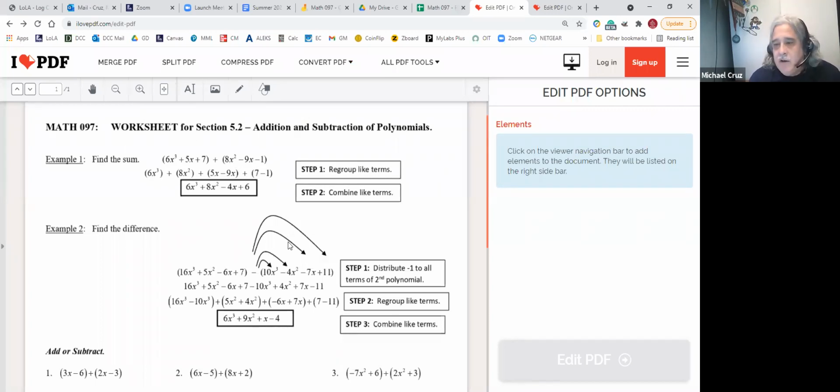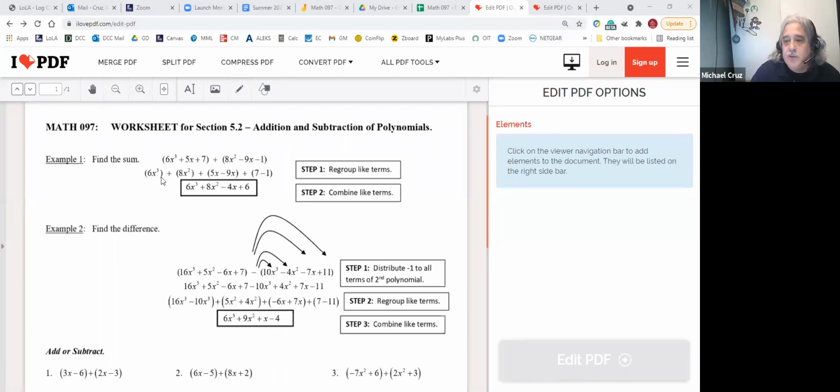So let's look. Notice that on the left side, you've got a 6x cubed, and on the right side, you don't have a like term that matches that. You've got an 8x squared. Remember, those two things are not alike, so we can't put them together. We have to pay attention to that.